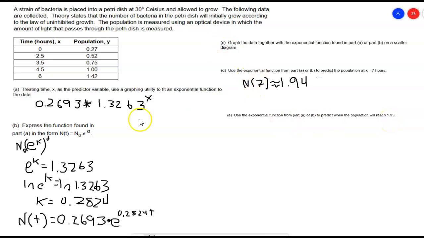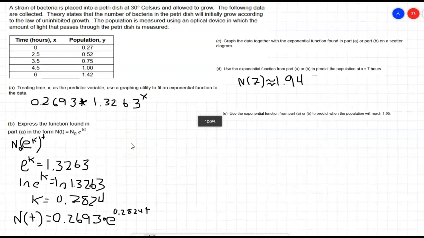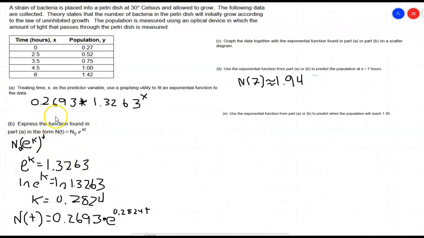So remember, N of t is going to be the current population, which they're saying is equal to 1.95. So now I'm going to replace that with the 1.95.